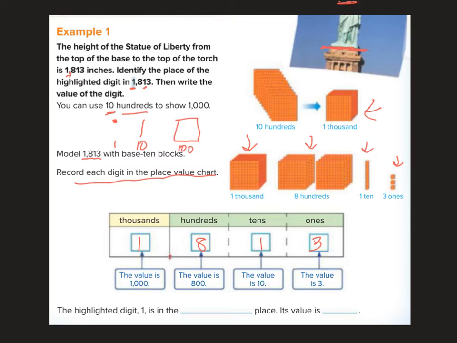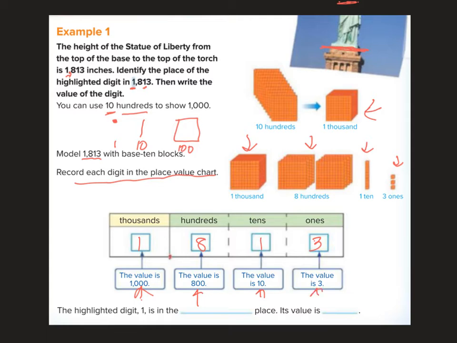So the value of the 1 is 1,000. That 1 right there is worth 1,000. If I have an 8 in the hundreds place, its value is 800. And 1 ten, the value is just 10, right? And 3 ones, the value is 3.